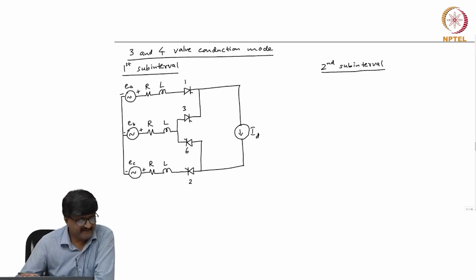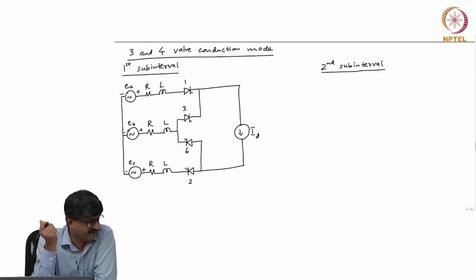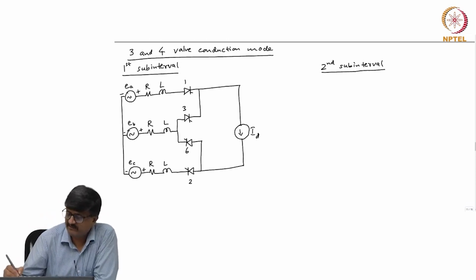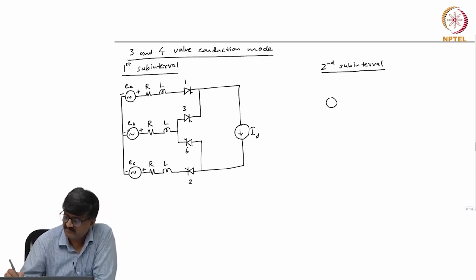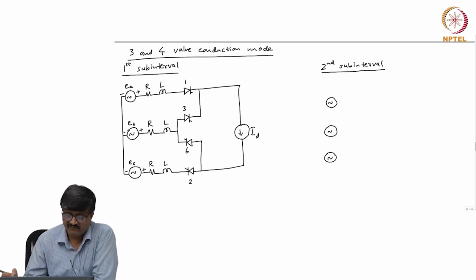The circuit for the second subinterval is same as the circuit which was used for the first subinterval of the 2 and 3 valve conduction mode. So, okay, let me redraw that. Here the circuit is having all the elements except for the valves 4, 5 and 6.